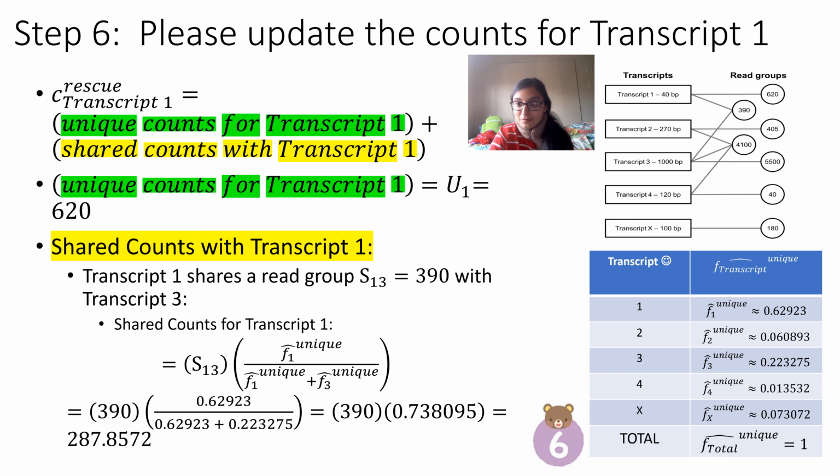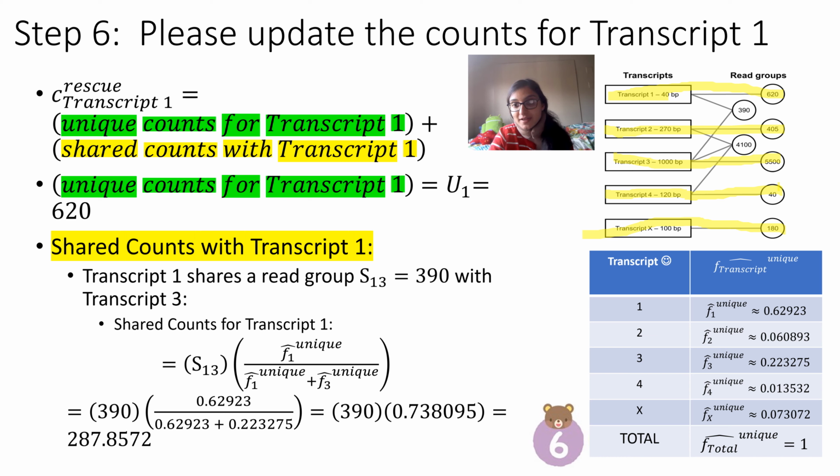Just to recap again, how did we get these values? We took the 40 divided by 120, we got 0.33. Then we got 5,500 divided by 1,000, 5.5, then 405 divided by 270, another value. Then 620 divided by 40, another value, then 180 divided by 100, which is 1.8.